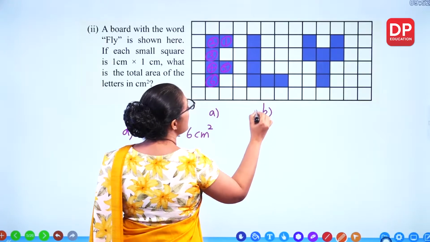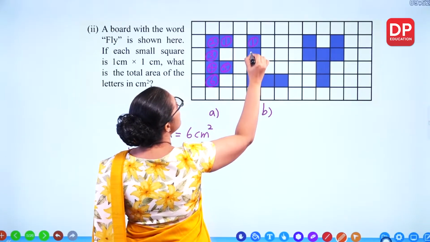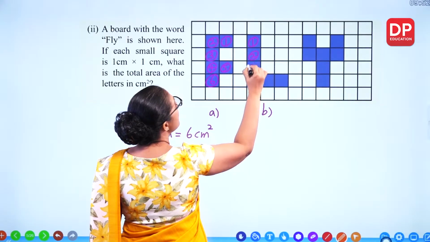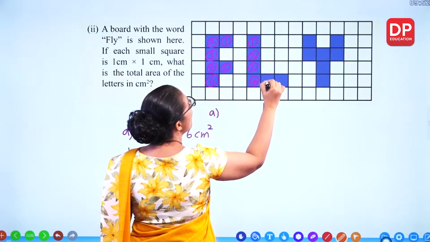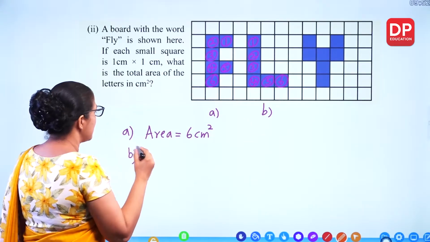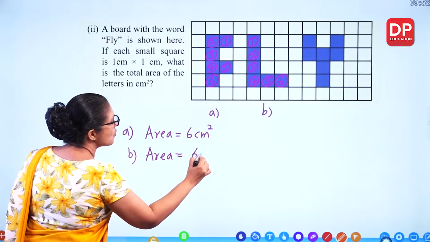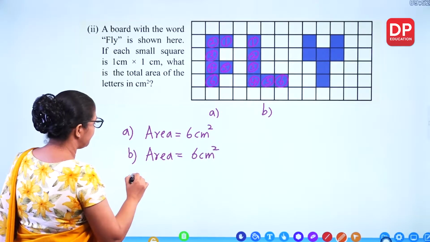We'll take this one as B. 1, 2, 3, 4, 5, 6. Again 6. So the area becomes 6 square centimeters.